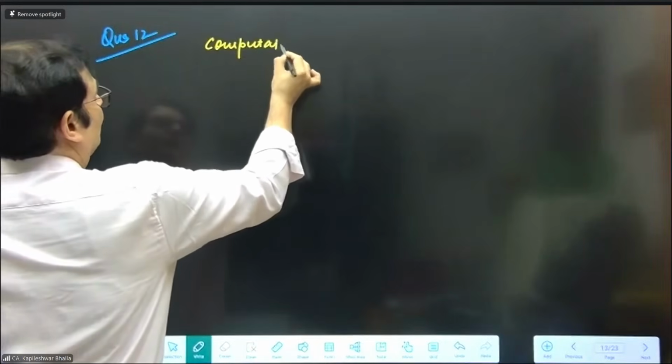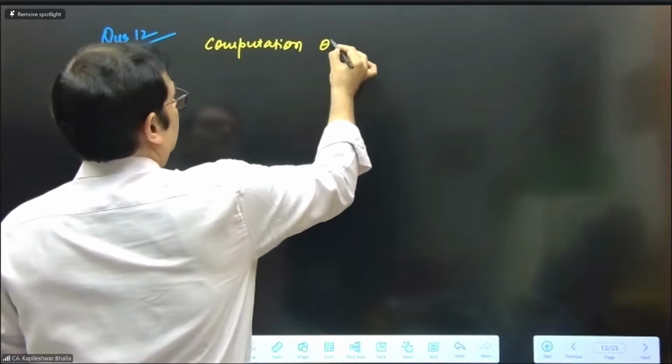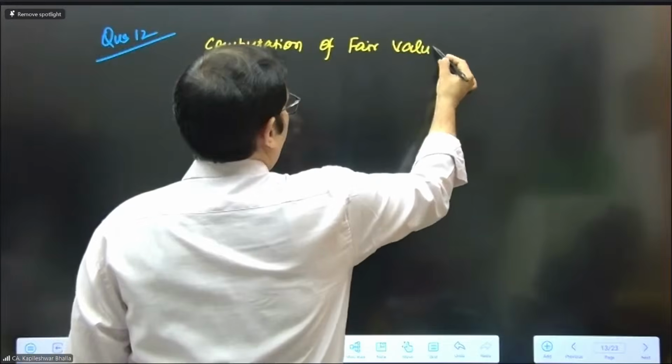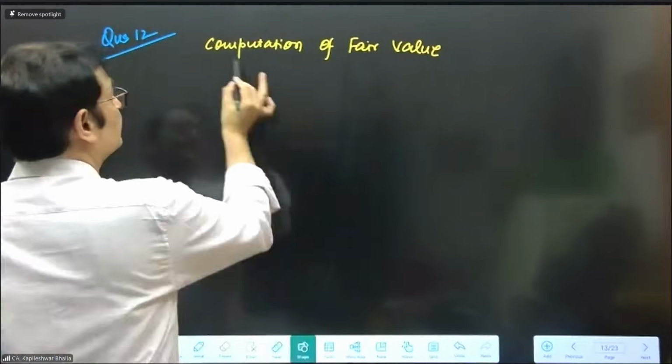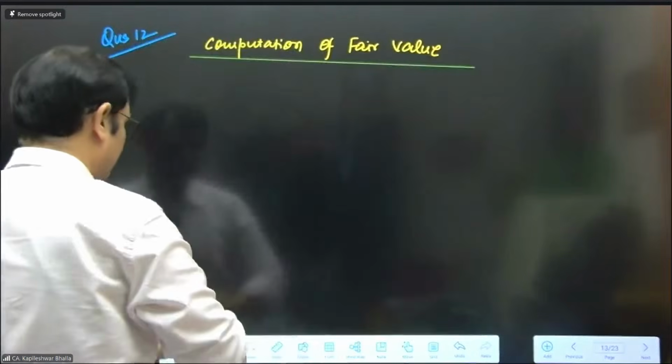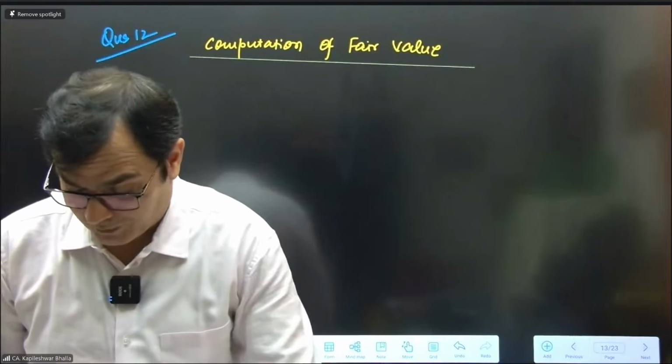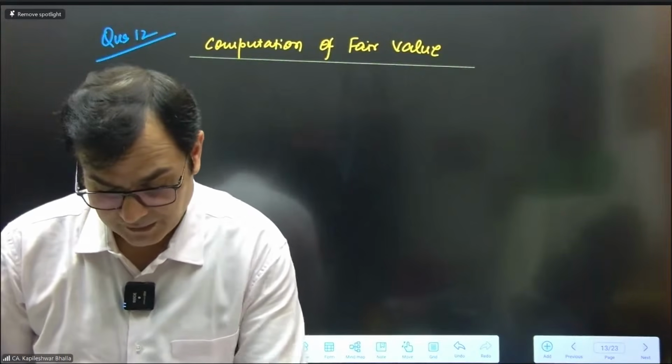At the first instance, we need to consider the computation of fair value. In this particular case, I'll take some quick inputs in terms of making the charts.